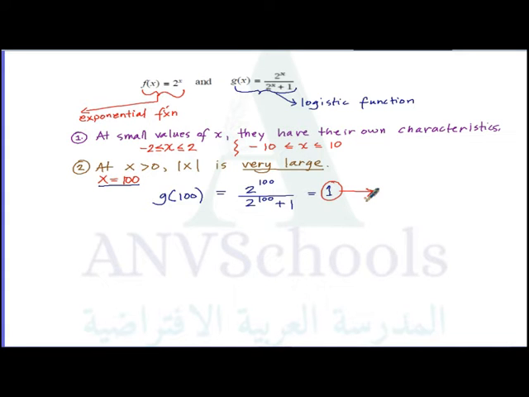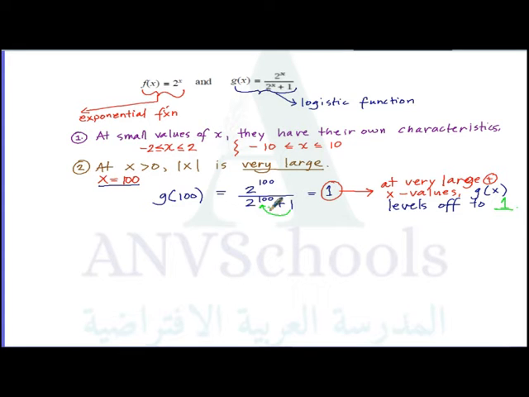At very large positive values of x, g of x levels off to 1, to the value 1. Now, why is that so? Your 1 compared to this is very, very small, such that it is negligible.